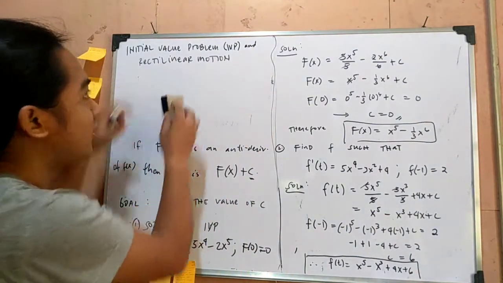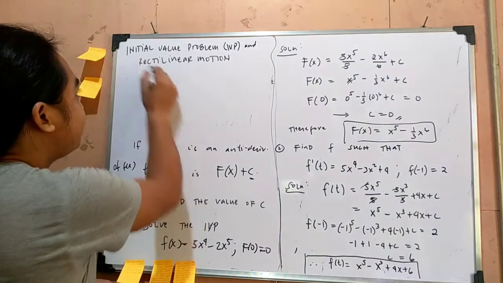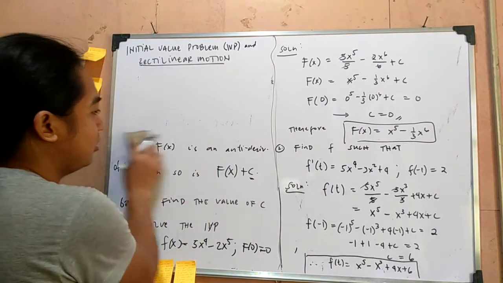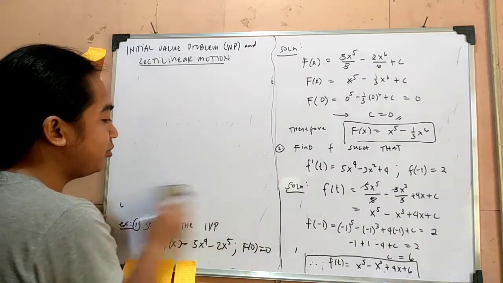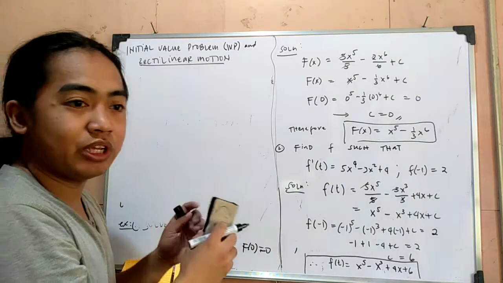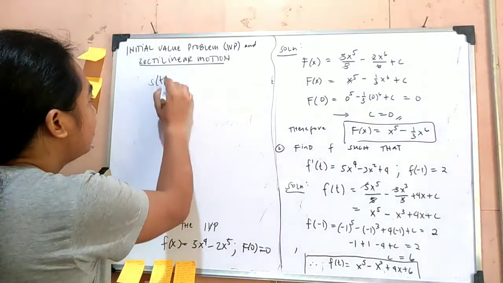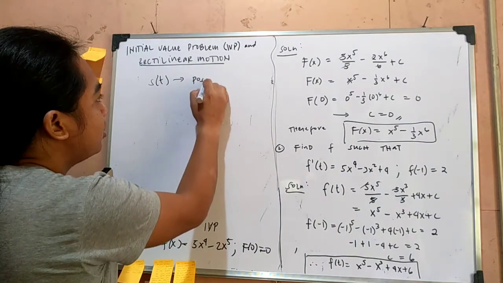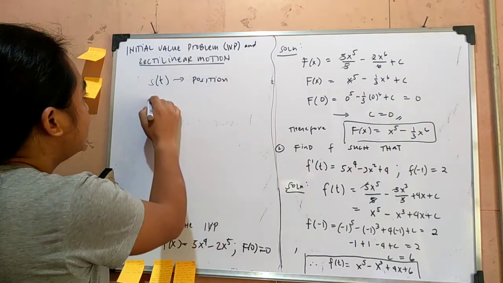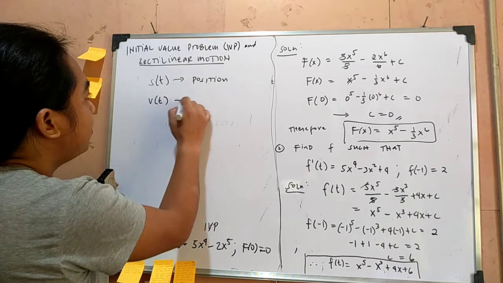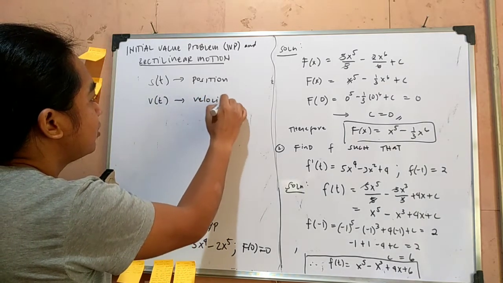So, yung next is yung mga rectilinear motion natin. So, yung mga rectilinear motion is, ito yung mga notation natin. S of t will be the position function. V of t will be the velocity function.